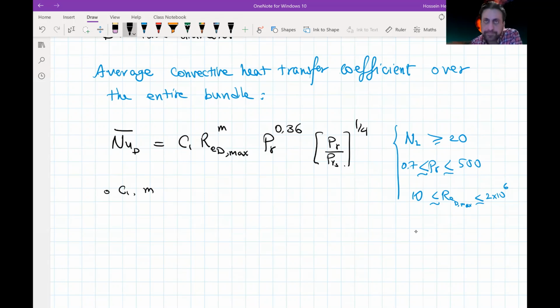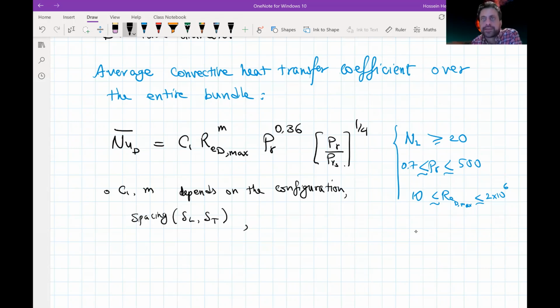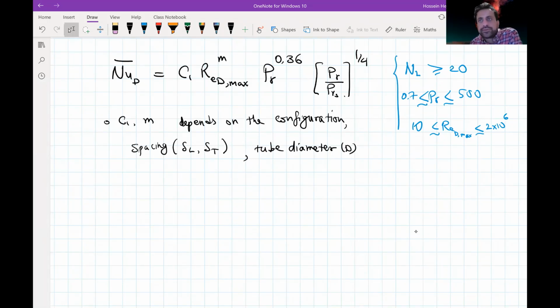C1 and m depend on the configuration, whether it is staggered or aligned, the spacing configuration, SL and ST, and tube diameter D. We can find the values for C1 and m for different situations in the table in your text.